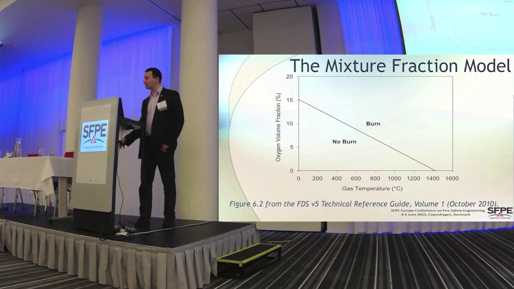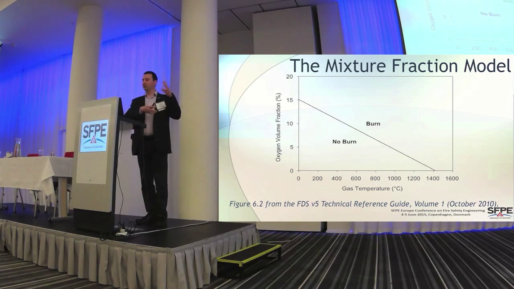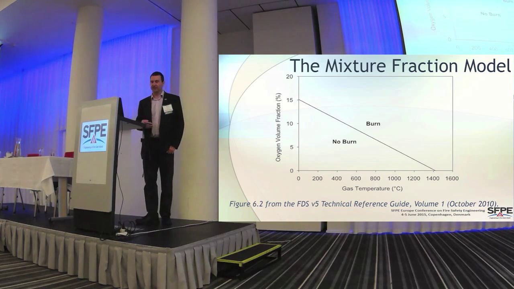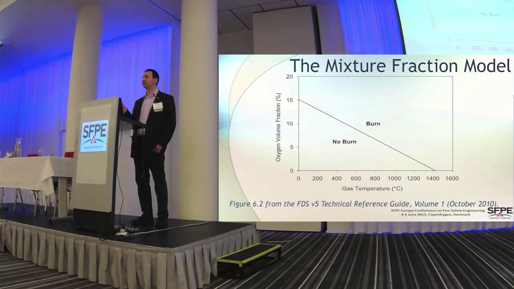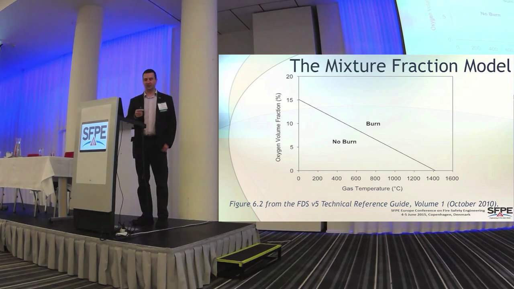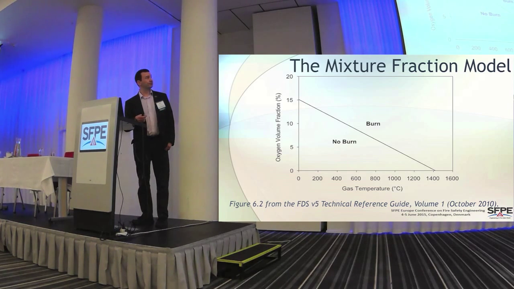Essentially, FDS calculates the mixing of air and fuel produced by the fire, and within each cell in the domain, it needs to make a decision. Can this cell allow combustion or can it not? And essentially FDS and other models make that decision on the basis of this graph.